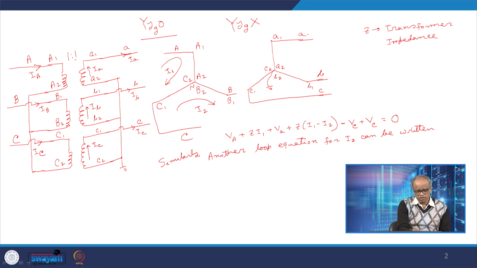But here, because this transformer connection is 1 is to 1, this voltage would appear as it is. Please note we are doing all calculations in per unit. So, similarly another loop equation for I 2 can be written. From there this equation would be V C minus V A. So, this is wrong. Let us write down these equations again.